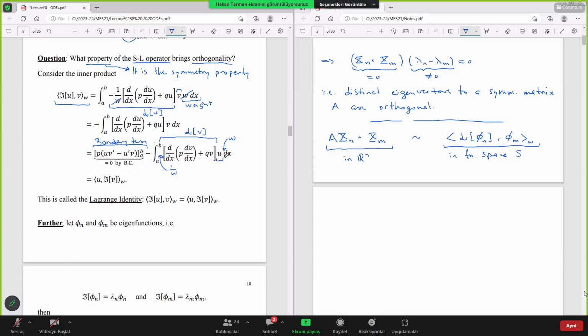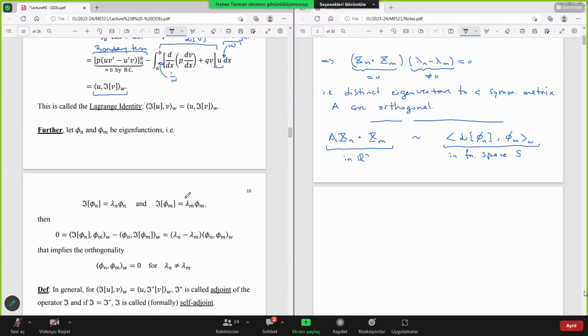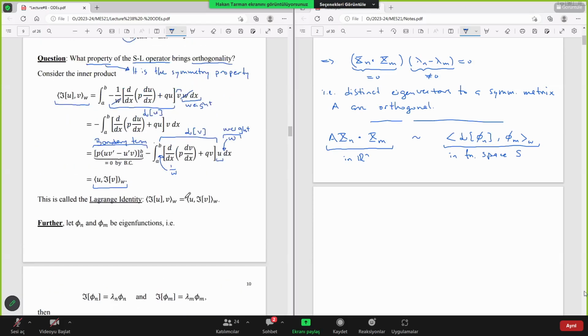And this is your u already, and this is your weight, which is this, okay? So which means starting from the operator on the left-hand side, I end up with the operator on the right-hand side, okay? So this is actually known as Lagrange identity. This is actually telling us that the SL operator is symmetric, okay?